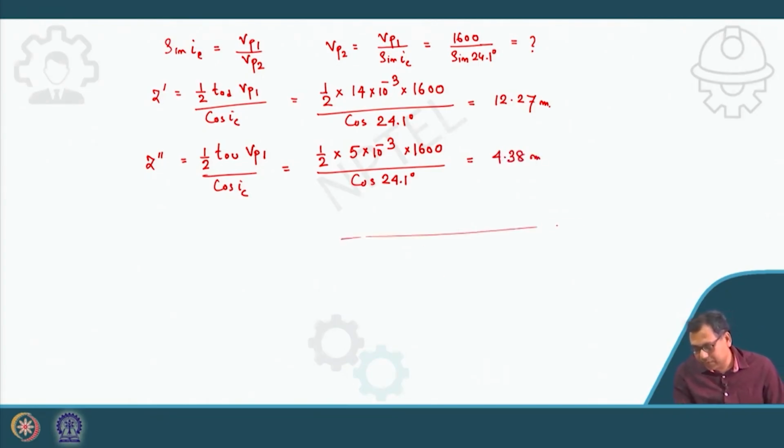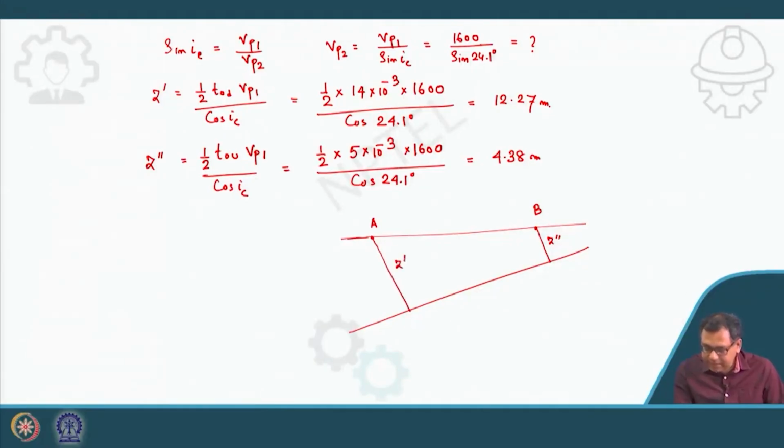So if this is ground surface, this is the slope, and if this is your A point, this is B point, so this is your Z dash, perpendicular one. So this is Z double dash.